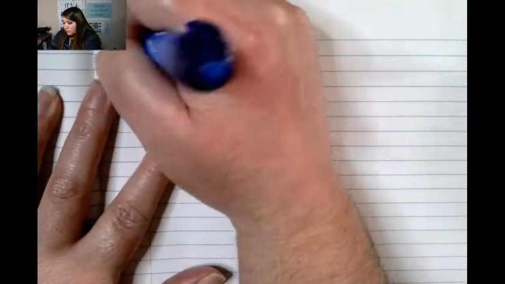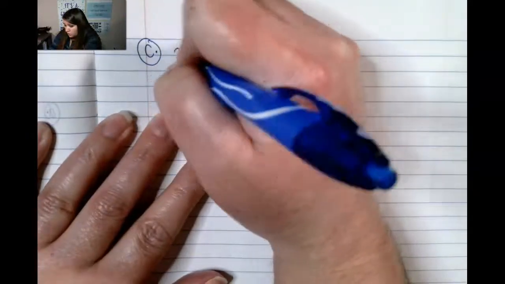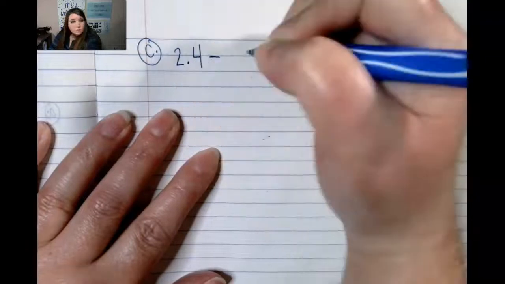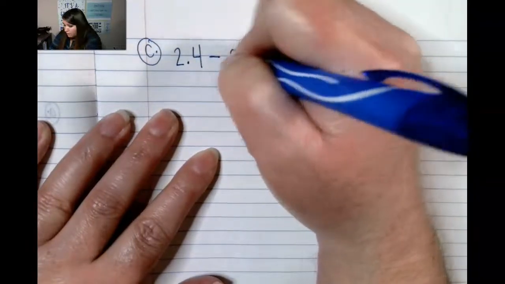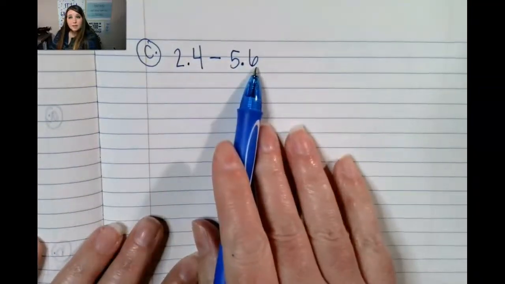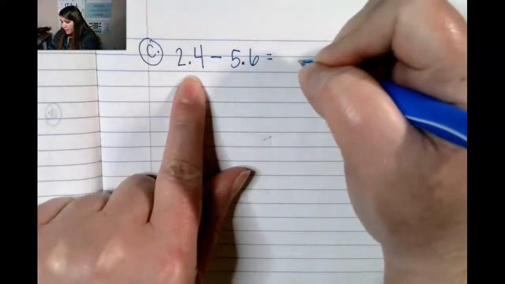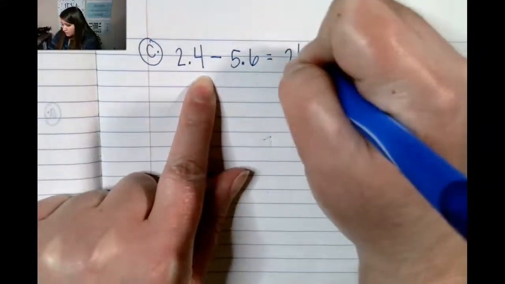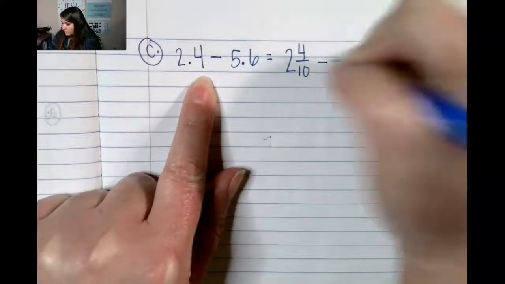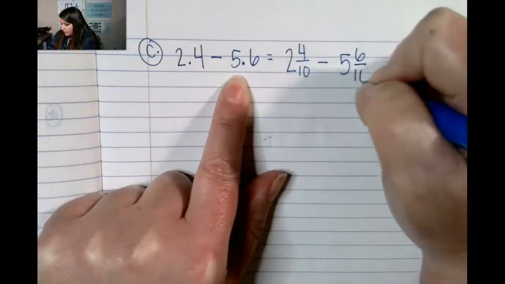Okay, so here we go. Problem C. Example C says that I have 2.4 and I need to subtract that from 5.6. We're going to rewrite these as fractions. So I have 2 and 4/10 minus 5 and 6/10.